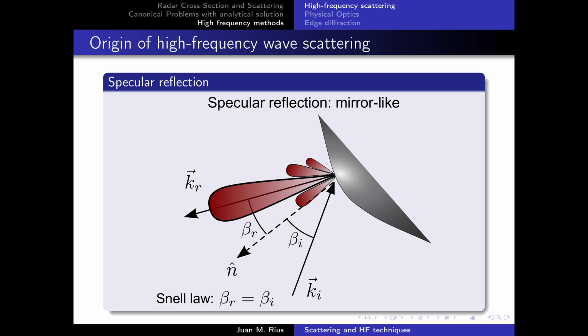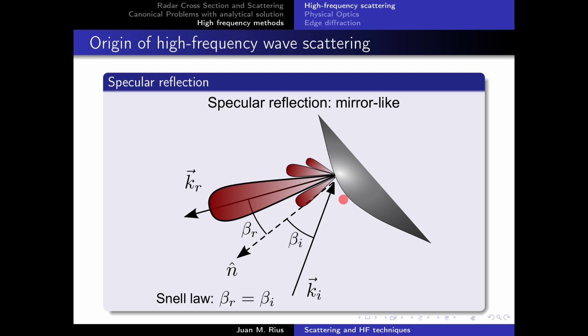For example, the most important one is specular reflection. Specular reflection means that the surface behaves as a mirror, so we have an incident field and a scatter field pattern at this point, where there is a narrow beam that follows Snell's law, so the direction of this beam with respect to the unit normal, the angle of reflection, is equal to the angle of incidence, with the unit normal at the surface at this scattering point.